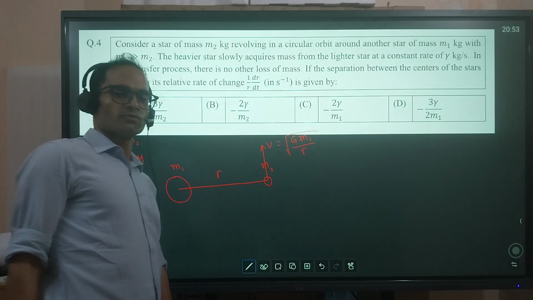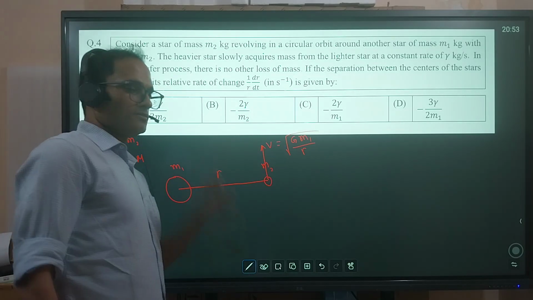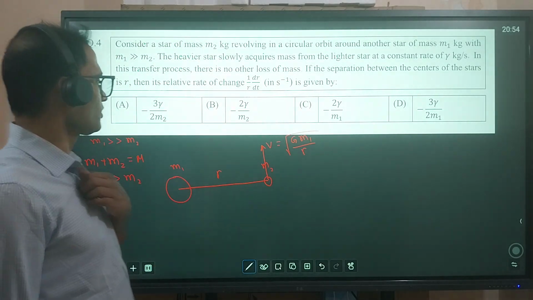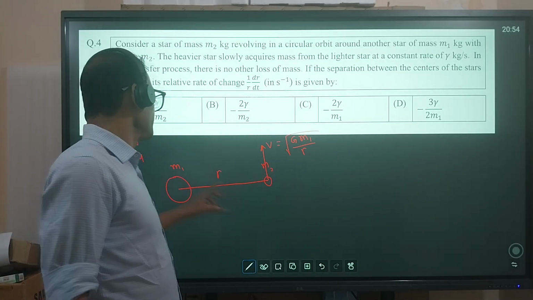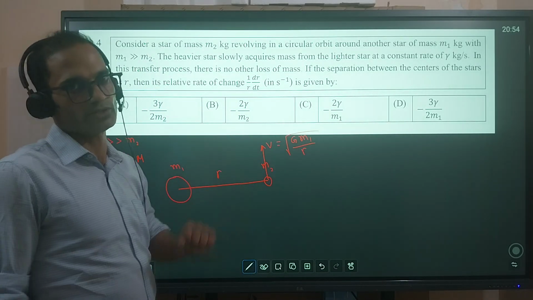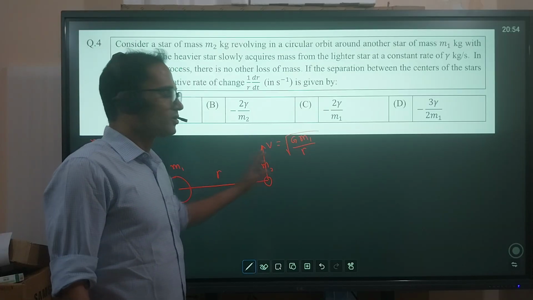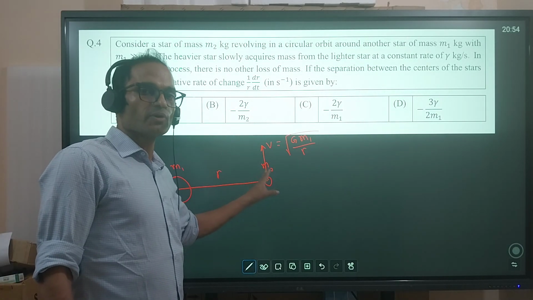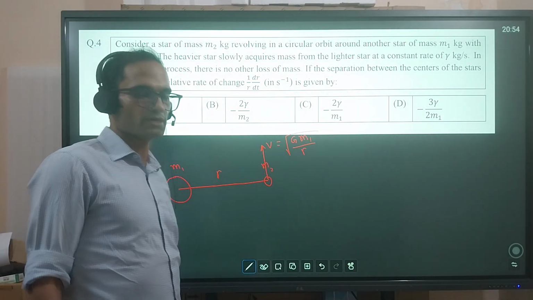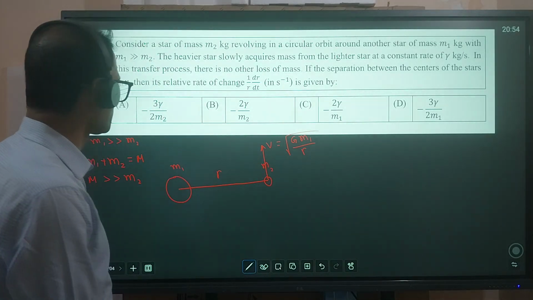Why m1, why not m2? We have seen in the gravitation chapter that orbital velocity depends on the central body mass only, not on this body, provided this mass is very small compared to m1.